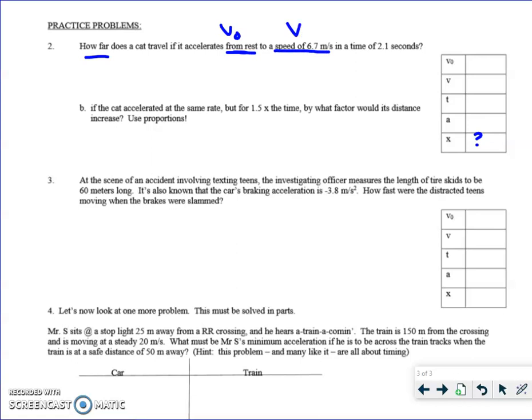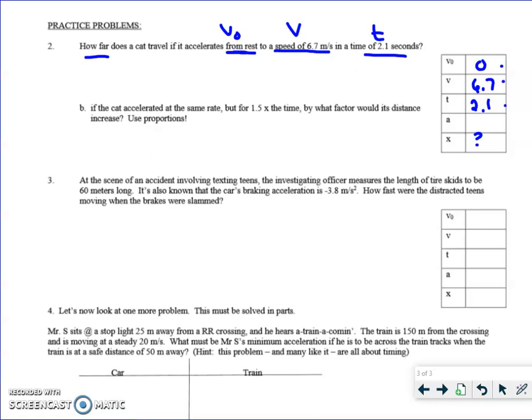That's v. Time is t. So my v naught is going to be 0. My v is 6.7. My time is 2.1. I don't have acceleration information. So how would I calculate x? I do have an equation that allows me to get it from this, this, and this. It just might not be obvious.